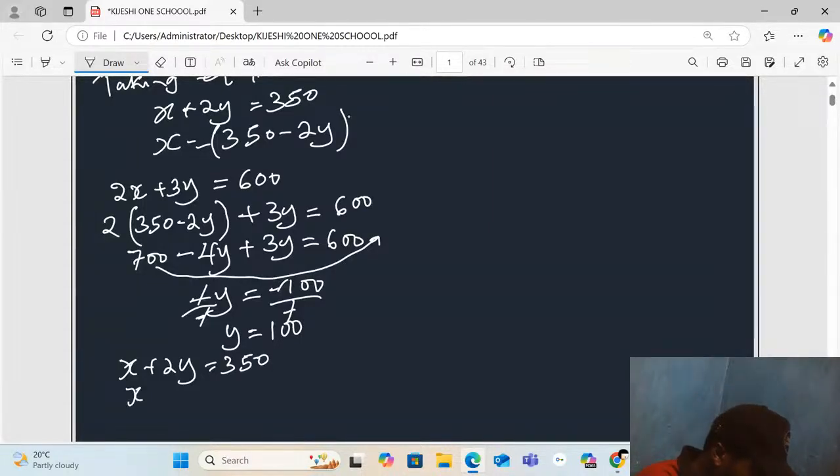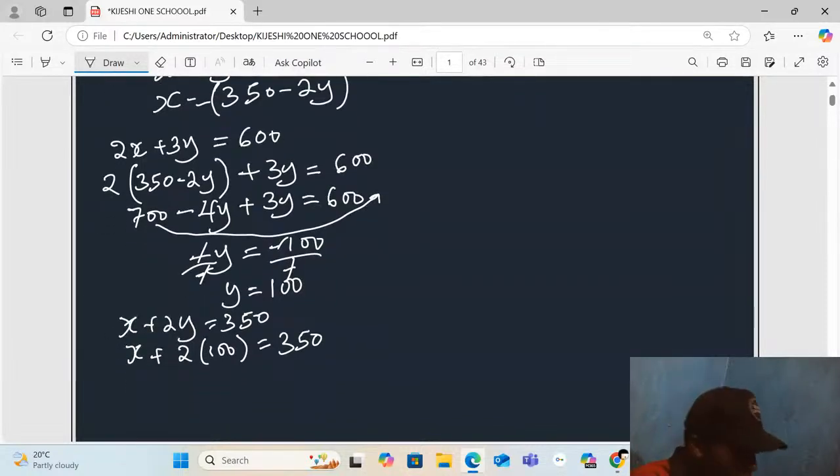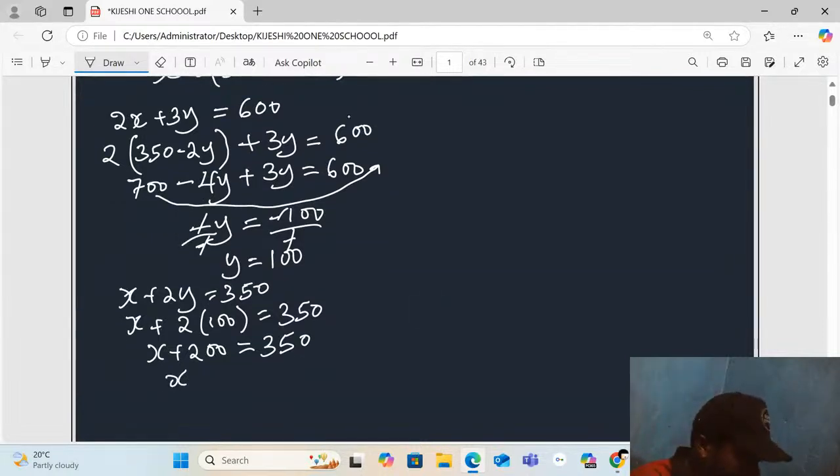So we have x plus 2 into 100 equals 350. So x plus 200 equals 350. So the value of x will be 350 minus 200, which is 150. That is how we find the value of x. And your y is 100.